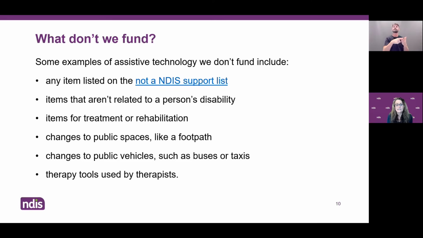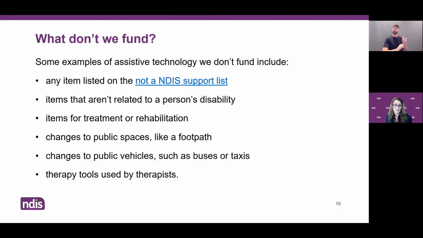AT is only the equipment a person needs because it helps them do things that they can't normally do because of their disability. And we don't include home equipment that everyone uses that isn't related to a person's disability, like a standard kettle. We don't include items for treatment or rehabilitation.